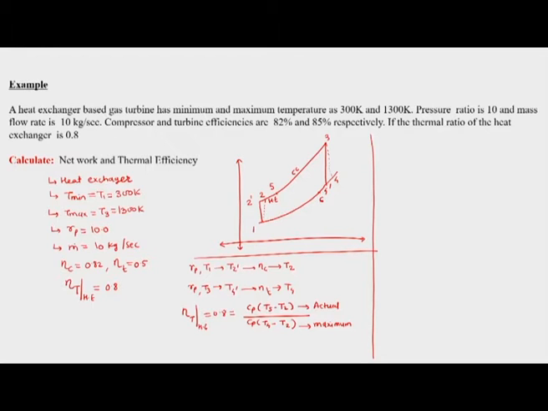This is what we had seen in the ideal case. So with the thermal ratio of the heat exchanger being 0.8, we have T5 minus T2 divided by T4 minus T2. In this formula T4 is known to us, T2 is known to us, so this formula would give us T5.